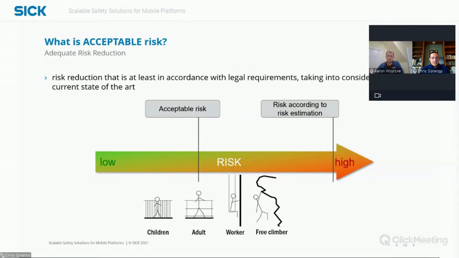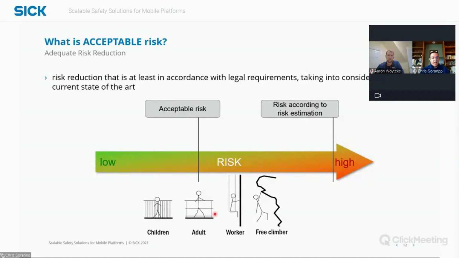Here we see just a really simplified approach. What's acceptable risk to an adult is probably not acceptable risk for children, right? If we're working at height, adults can work with a simple handrail that meets certain requirements, whereas children that could fit through those handrails, intentionally or unintentionally, need to have a higher degree of risk reduction in place.